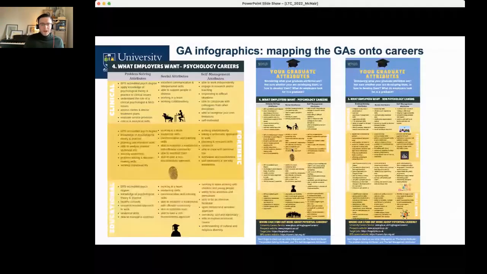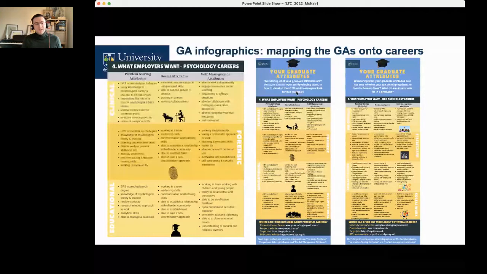For psychology careers and non-psychology careers, we list some aspects of job specifications taken from Prospects, from Target Jobs, and from job specifications from key employers, and mapped those specification items not onto the graduate attributes themselves, because that would have made for a very lengthy infographic, but onto the graduate attribute themes that we developed.